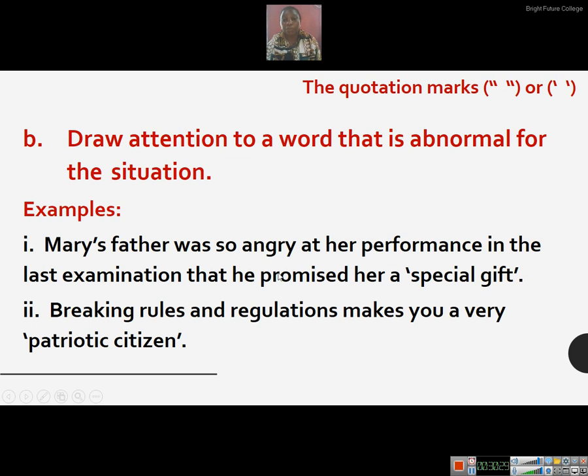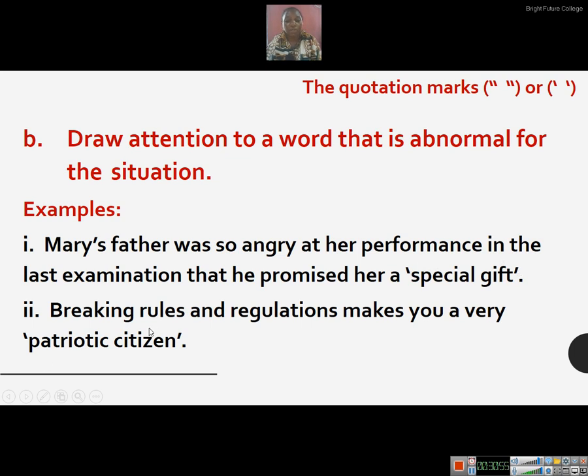So if he was happy, it would have been very normal for the situation. But because he was angry, giving Mary a special gift is abnormal. So we now use quotation marks to enclose the special gift because that is abnormal for that situation.